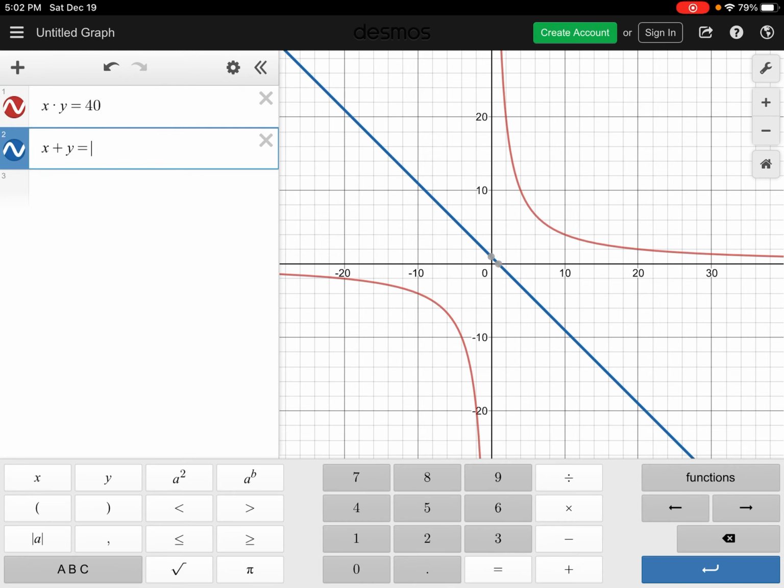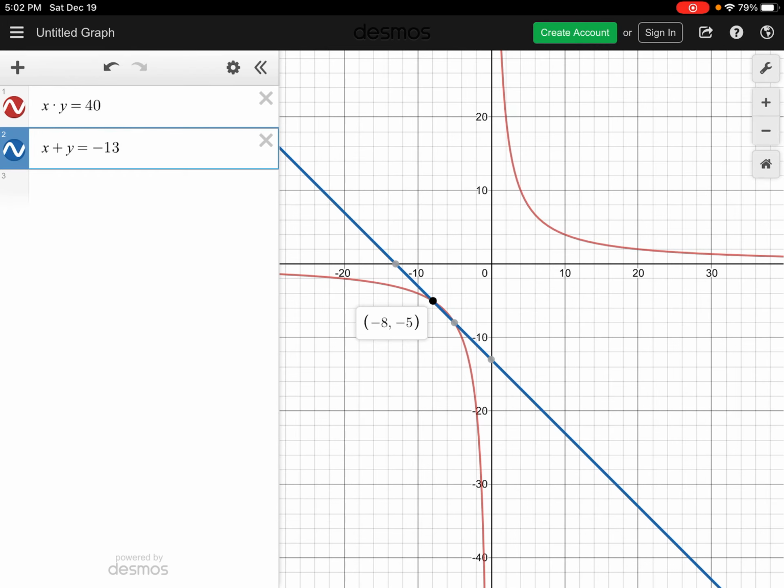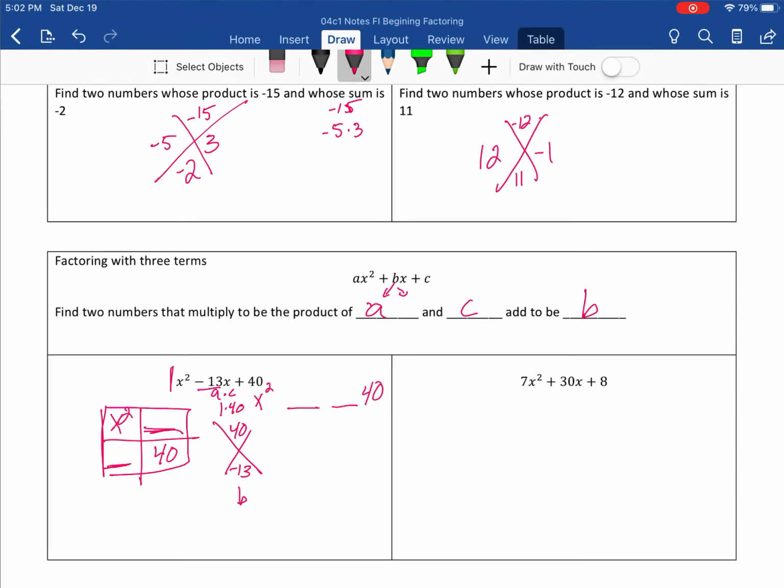I look here, and my numbers are negative 5 and negative 8. And it doesn't matter how you put it. So I know that this is going to be negative 5x minus 8x plus 40, or negative 8x minus 5x. It doesn't matter where you put these, you'll still end up with the same answer.